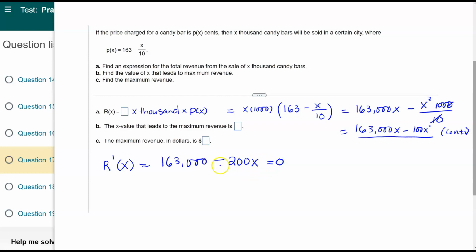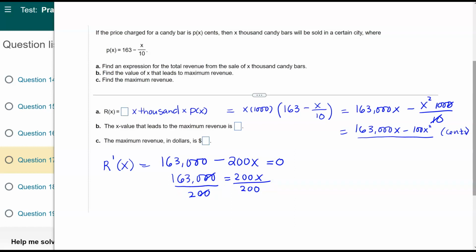So to solve this, we are going to move this to the other side of the equation. That is the same as adding both sides of the equation by 200x. So doing that, you get 163,000 equal to 200x. And to solve for x, you just divide both sides by 200.